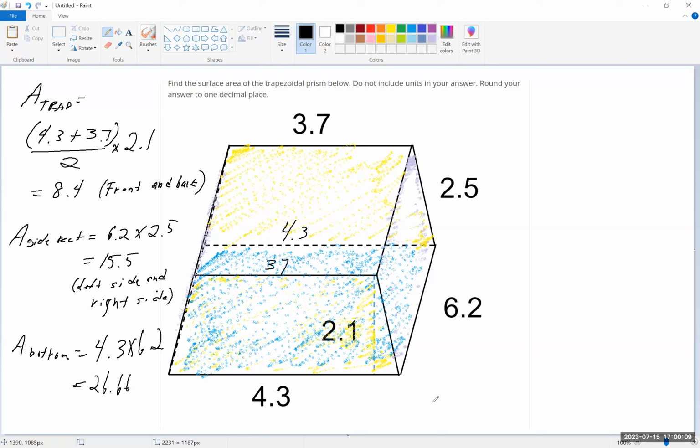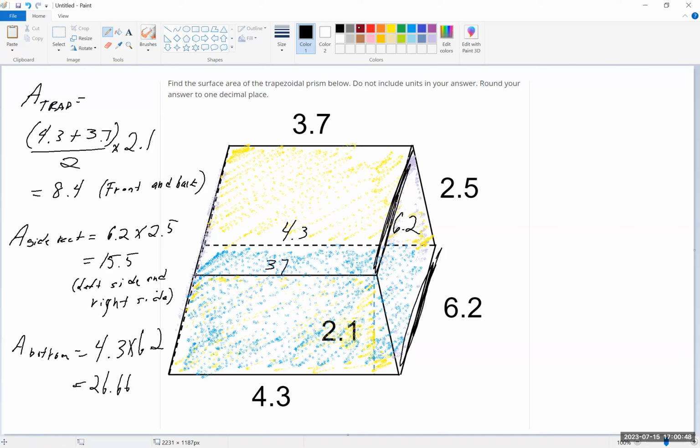Okay, and then the very last thing is the top, and the area of the top. I think you might agree, because you can't turn the shape, it's a little hard to see, but this is gonna be 6.2, because if this is 6.2, then this is gonna be 6.2, because that side was a rectangle.